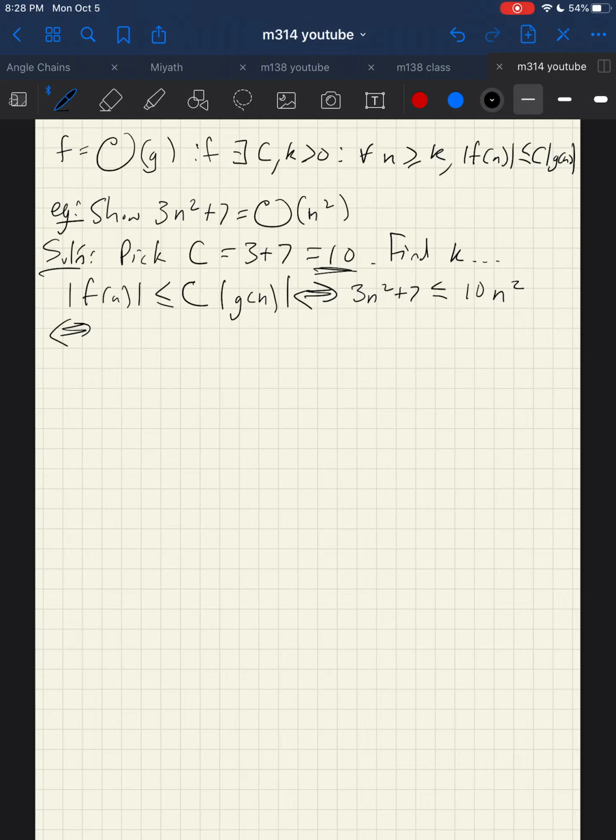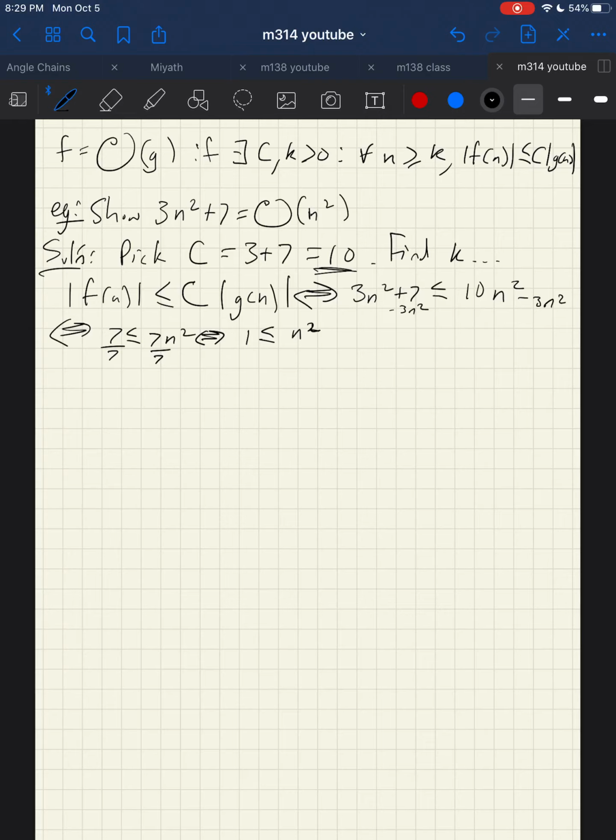Let's subtract 3n squared from both sides. So minus 3n squared, minus 3n squared. And I'm going to get 7 is less than or equal to 7n squared, which happens if and only if, dividing both sides by 7, 1 is less than or equal to n squared.